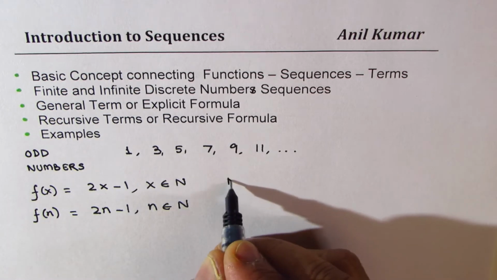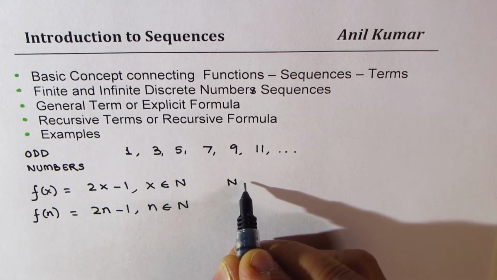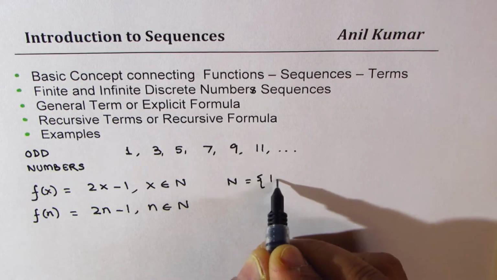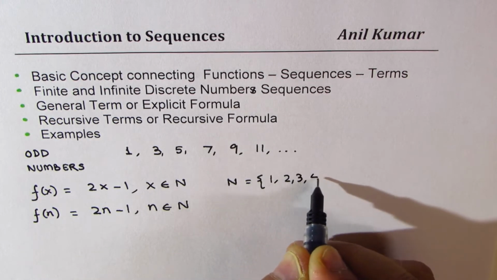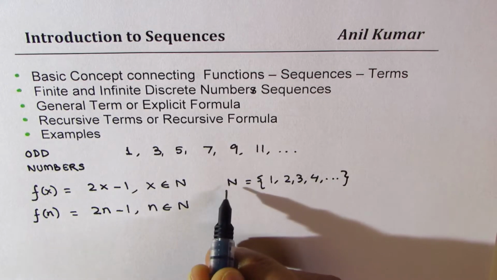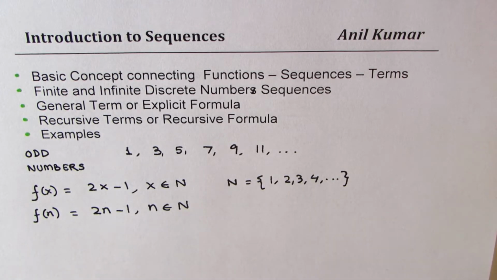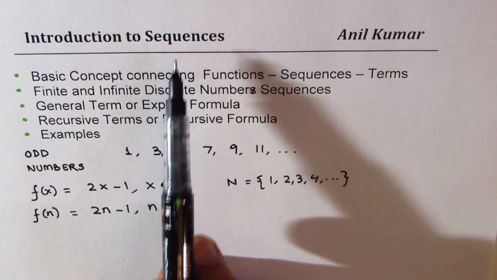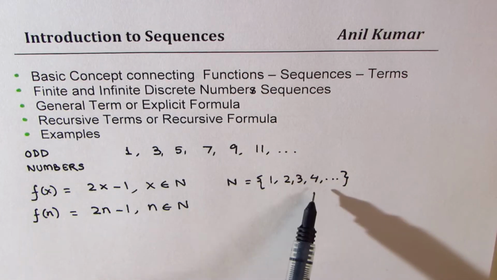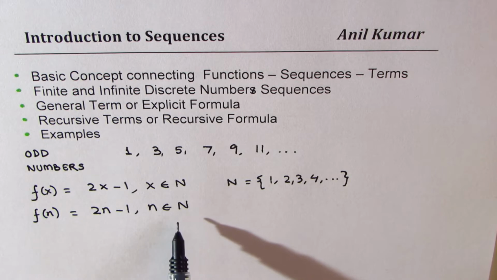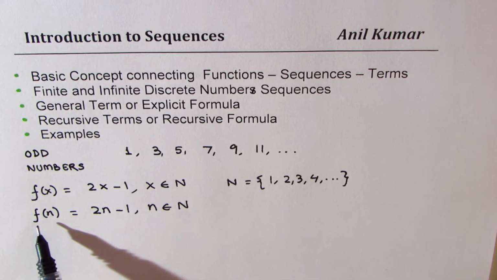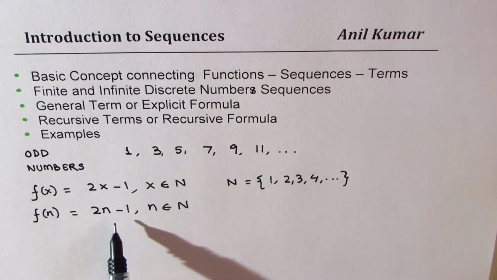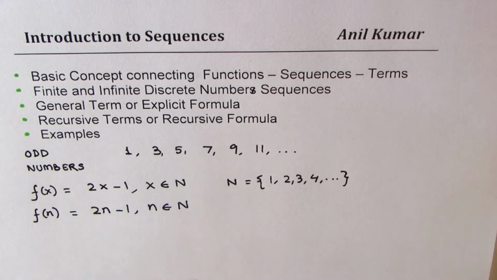Let me write down here, where n is the numbers 1, 2, 3, 4, and so on, right? Natural numbers do not include 0. That's very clear. The idea here is that when we talk about sequences, we are dealing with only natural numbers, and therefore it's a good idea to write in general f of n instead of f of x.